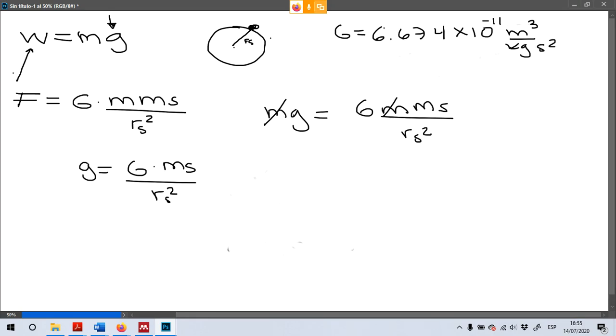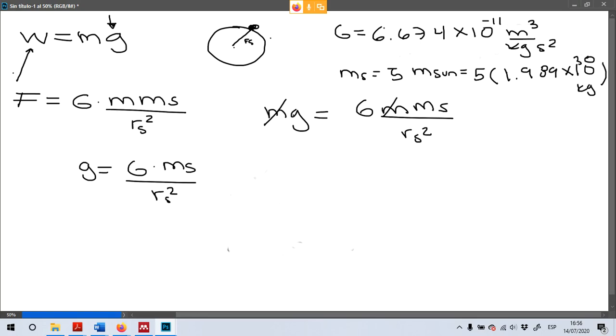Okay, we also know that the mass of this star is 5 times the mass of the sun. Okay, this means it is 5 times 1.989 times 10 to the 30 kilograms.